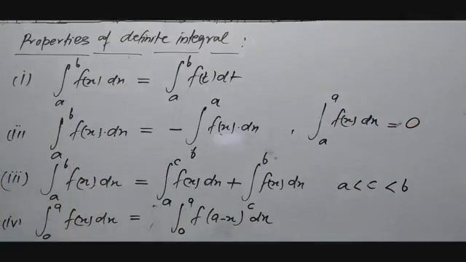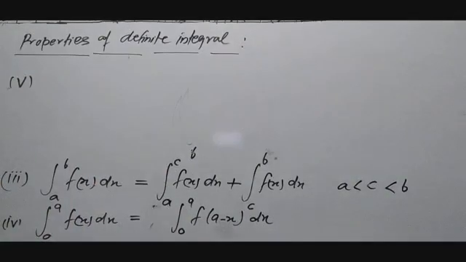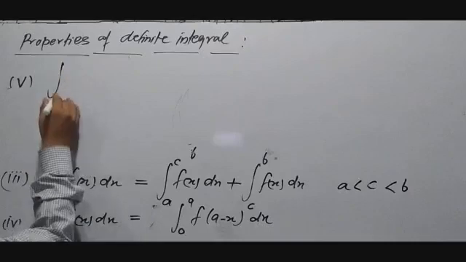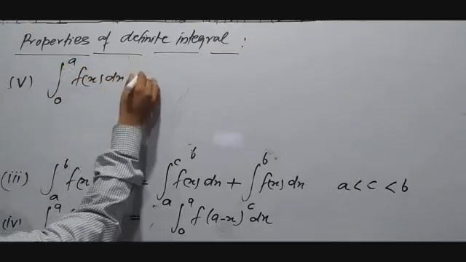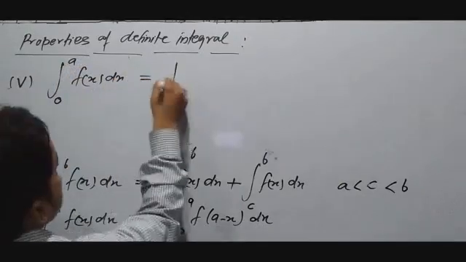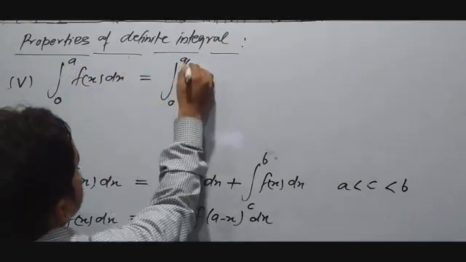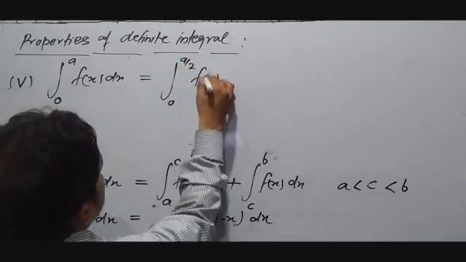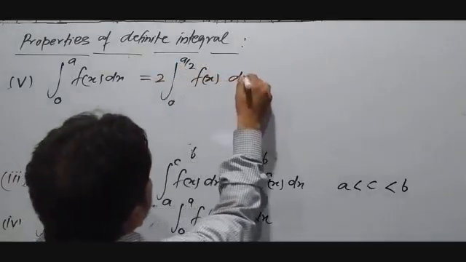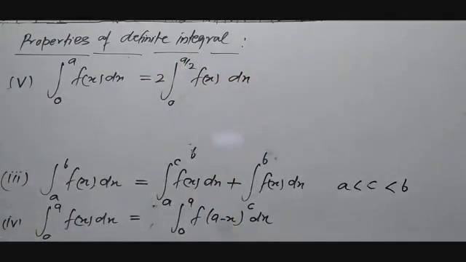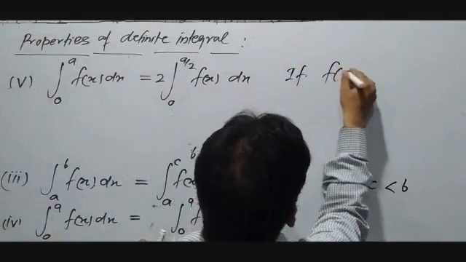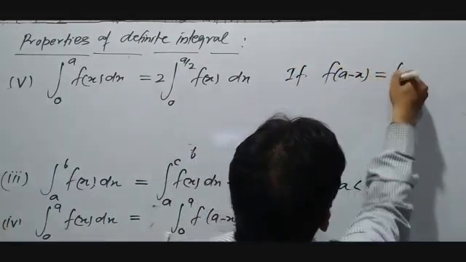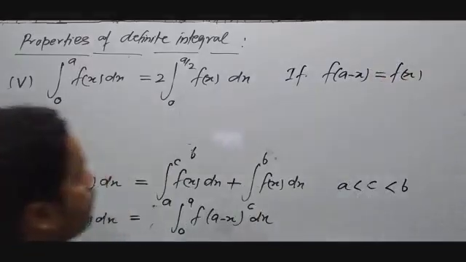Now see the fifth property. The integral from 0 to a of f(x) dx equals the integral from 0 to a/2 of 2f(x) dx, when f(a minus x) is equal to f(x).